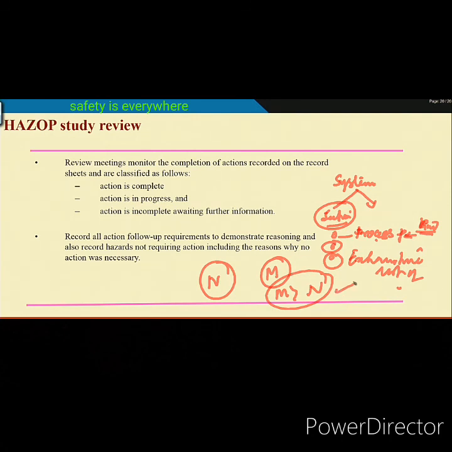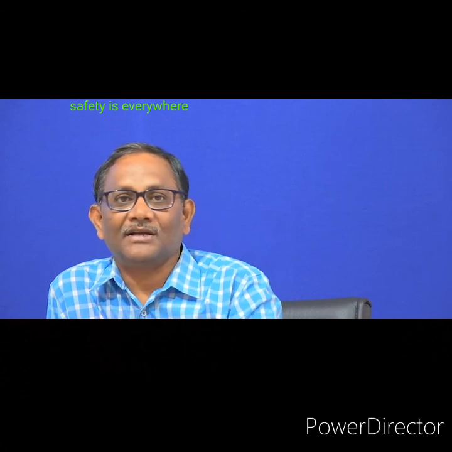And the final one is the documentation. You document the process. Documentation, as I told you: study node, then for every study node guide words, deviations, then causes, consequences, action, status, all those things.